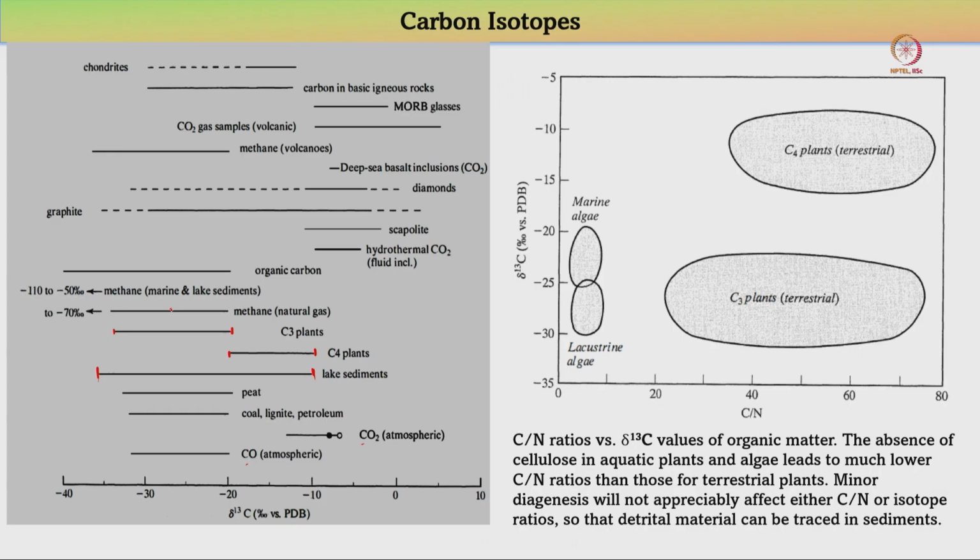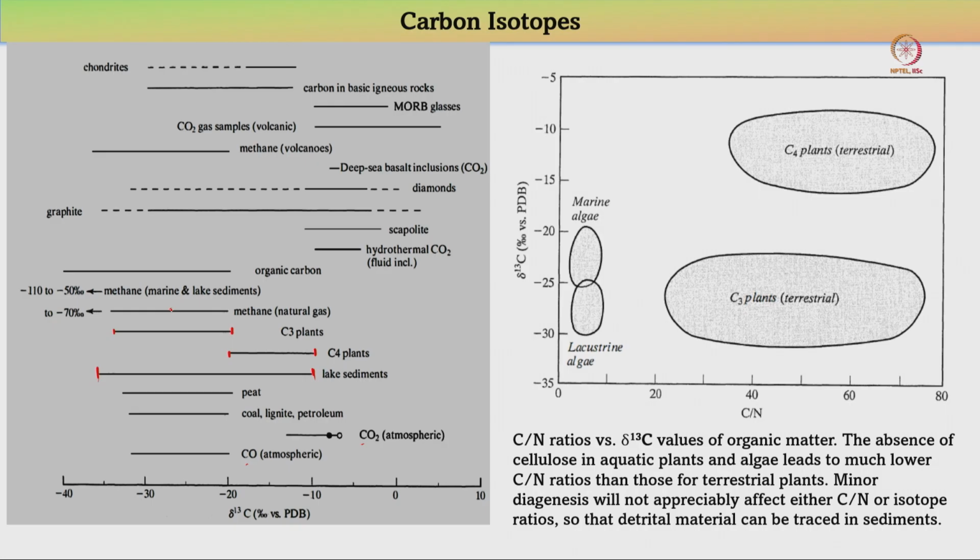This will have more or less the mantle kind of signature. Okay. So, this has enriched 13 carbon, because the 13 carbon that is there in the rocks is more stable, 13 carbon is preferred in those heavier stable forms. So, therefore, they are more of the positive values as compared to the organic ones.